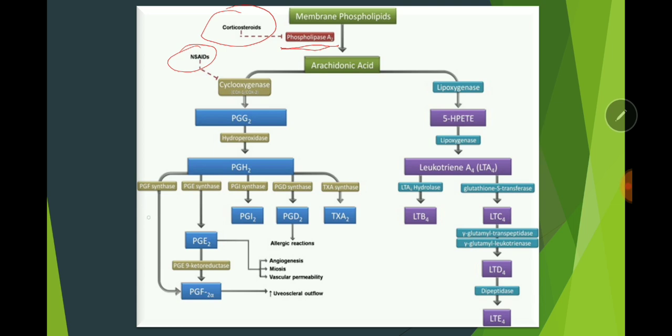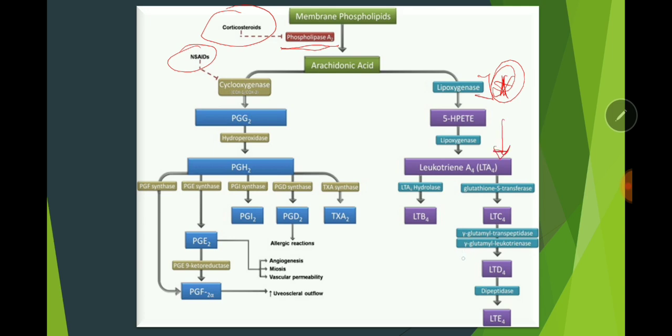All right, let's see what else we talked about. So this is just another schematic, and you can see cyclooxygenase here leads to production of leukotrienes.